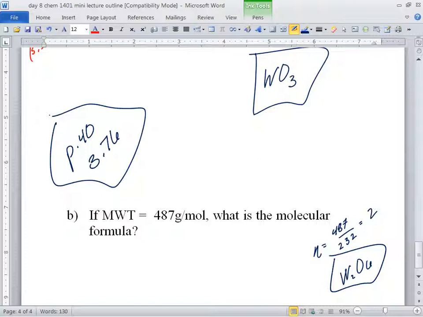You divide it through by the smallest, then what'd you get?